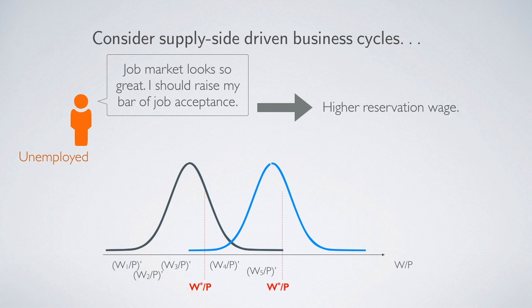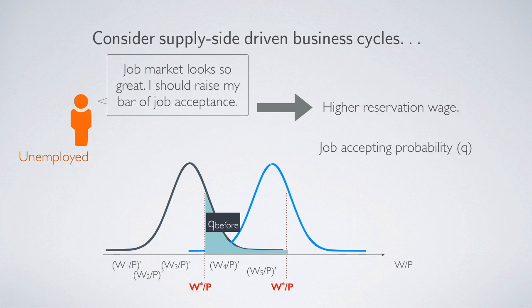But how much should the reservation wage rate increase? It would affect whether the job accepting probability goes up or down. Q before is the job accepting probability before, and Q after is the job accepting probability after.